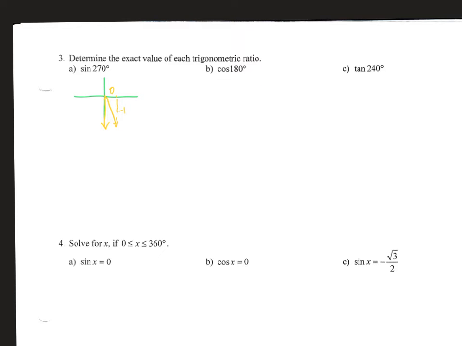What I'd like to do is take what we've learned this section, this unit, and see how we use it. If I was ever asked to deal with the sine of 270, I use my trig curve. I have a quick set of axes, and I know 270 puts me on an axis.